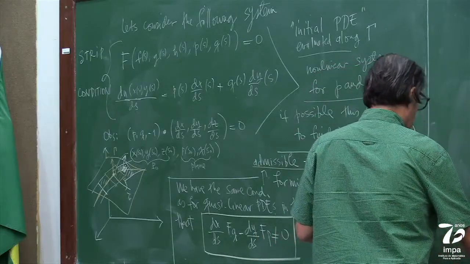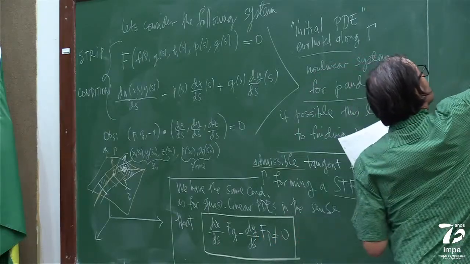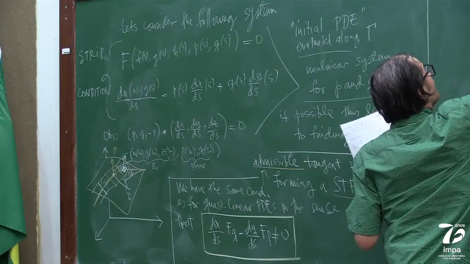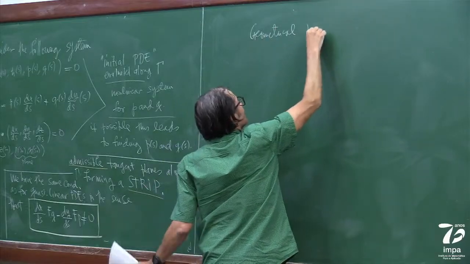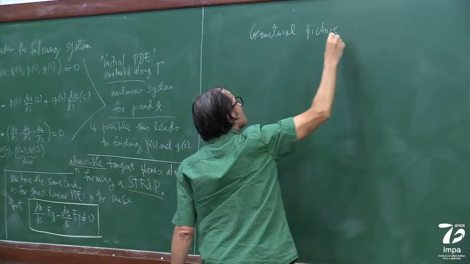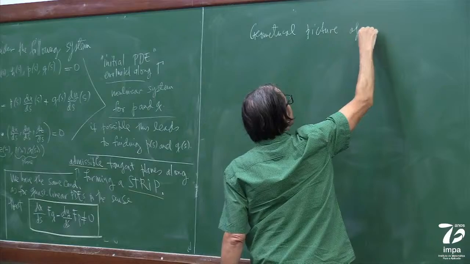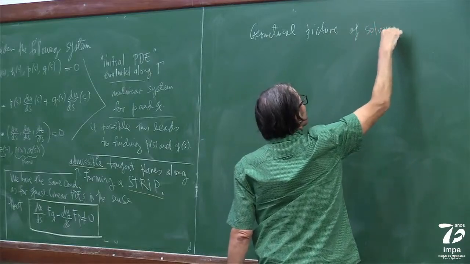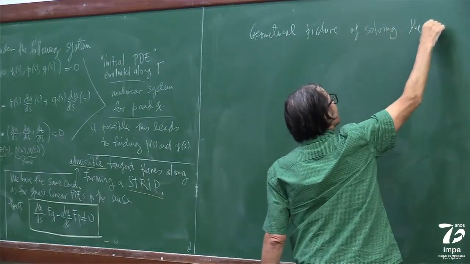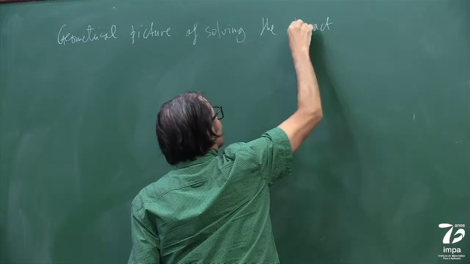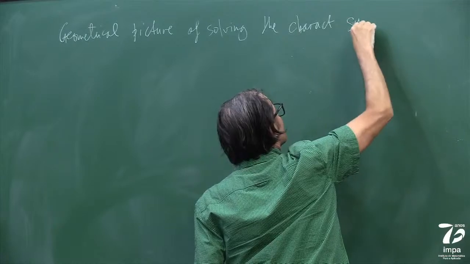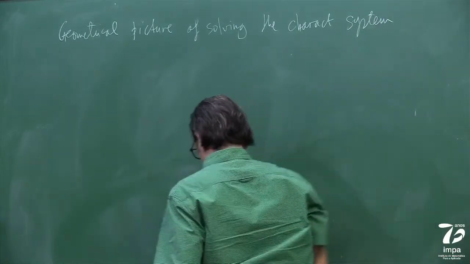This is the geometrical picture of solving the characteristic system.